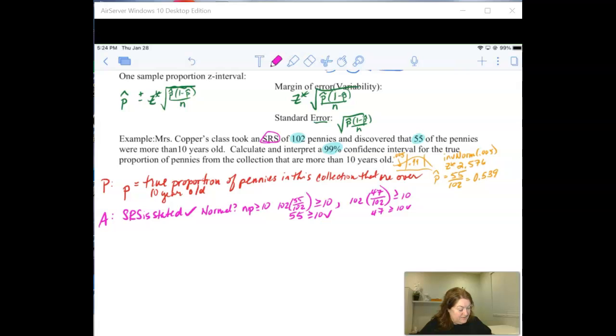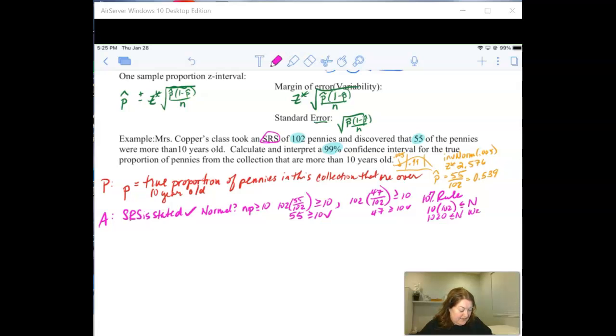The next one is our independence or 10% rule. So that is 10 times little n, which was 102, has to be smaller than or equal to big N. So that is saying we have 1,020 pennies or more in the population.